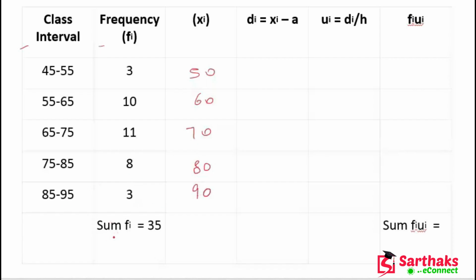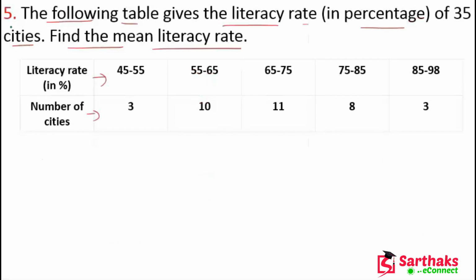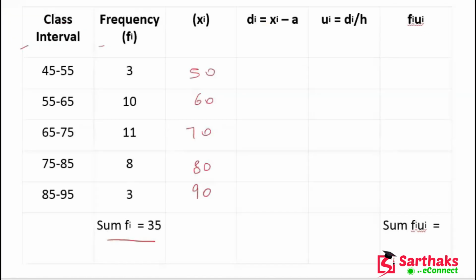And the summation of fi is 35, because we have 35 cities. If we add all these entries, we also get 35.